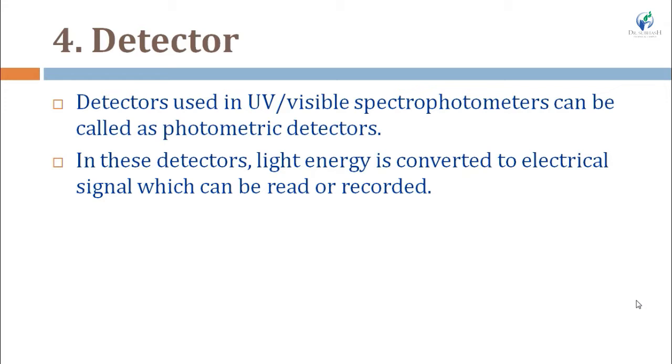Incident light means the light falling on the sample, and transmitted light means the light coming from the sample after passing through it. So the detector determines the energy of the transmitted light and converts this energy into an electrical signal which can be easily read or recorded.